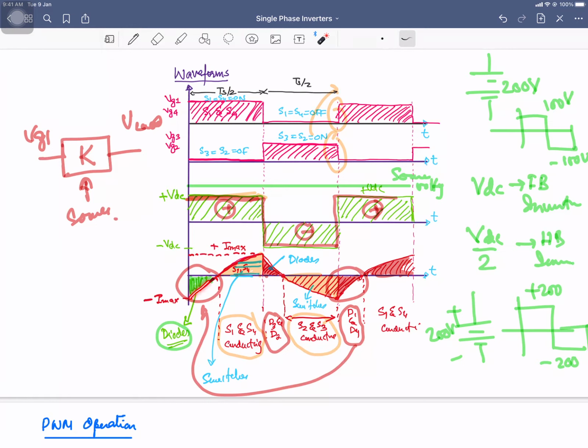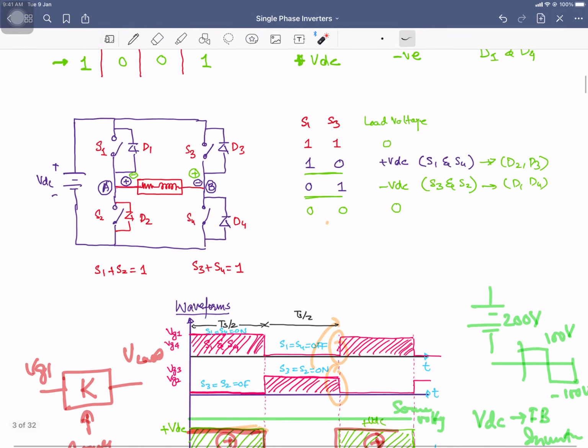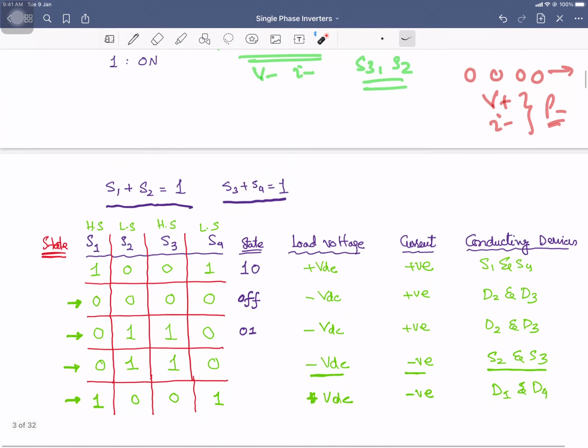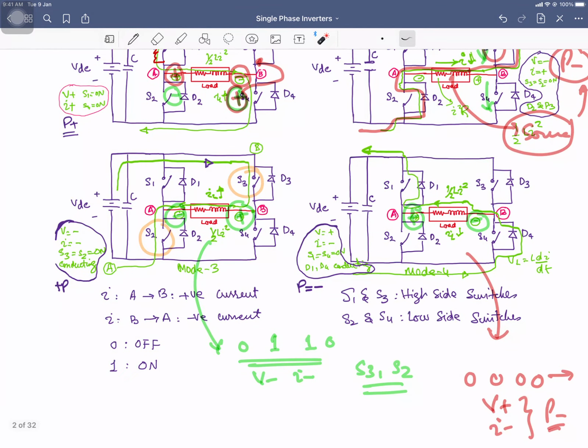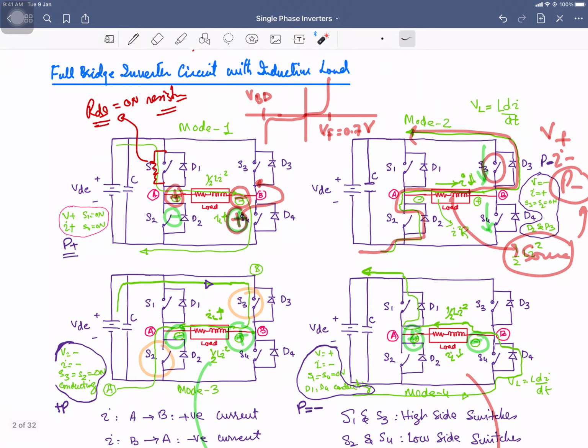Similarly, you can look at the current. The current is alternating at the load, but at the source it will be only positive, right? Because if you look at this circuit, in the first mode of operation, the path of the current is like that, and in this mode of operation, again the path of the current is like that.